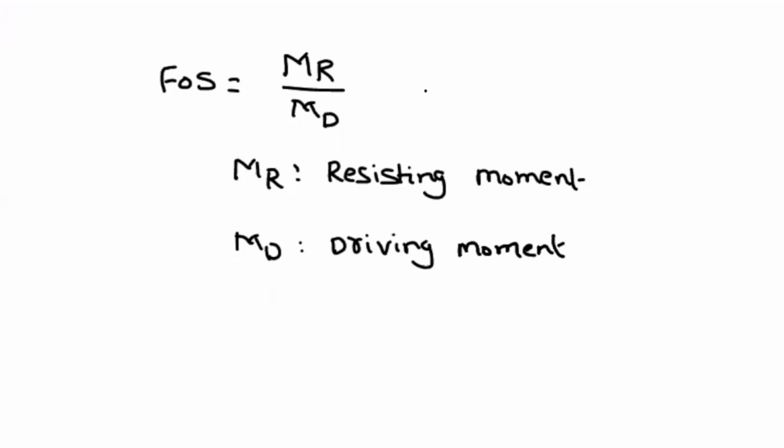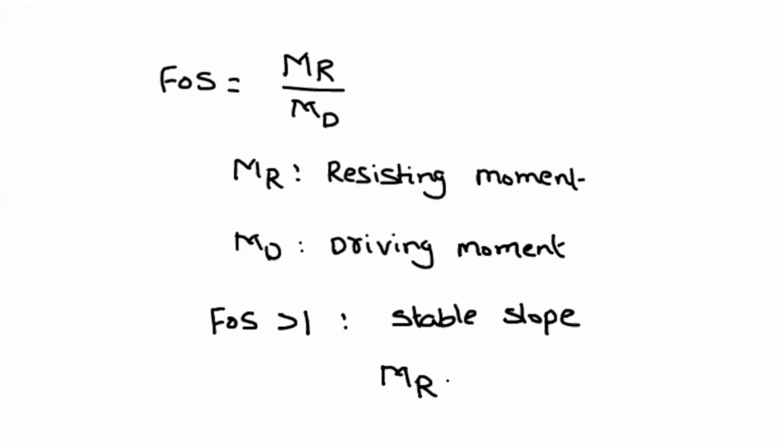If the factor of safety is greater than 1, then we can say it is a stable slope, just like we discussed in the infinite slopes. That means the resisting moment should be greater than the driving moment. As long as you have more resistance, the soil will be stable.